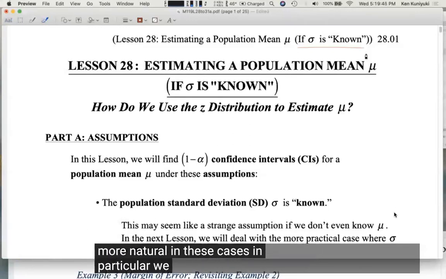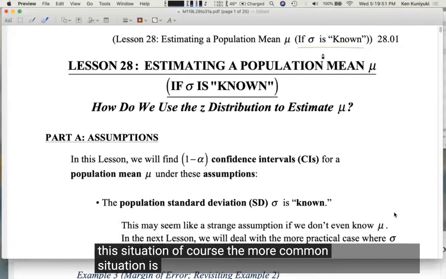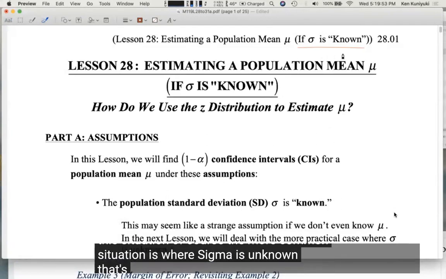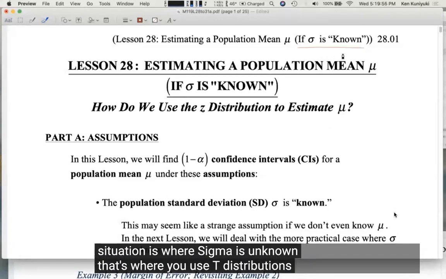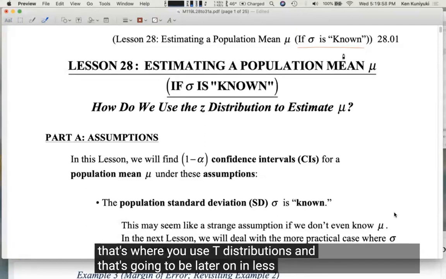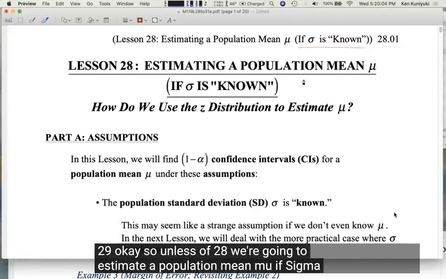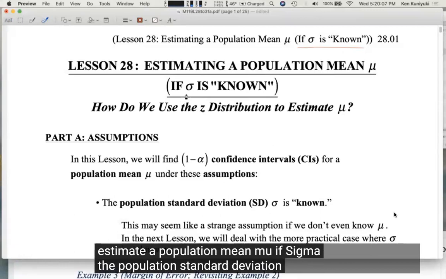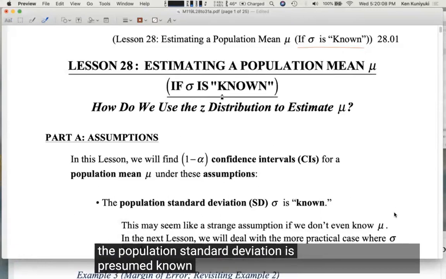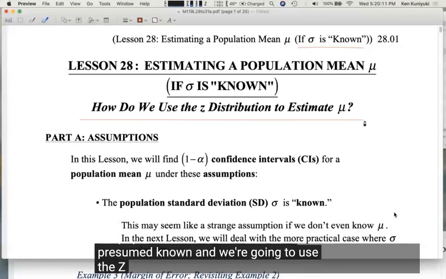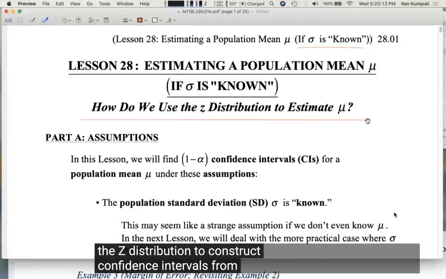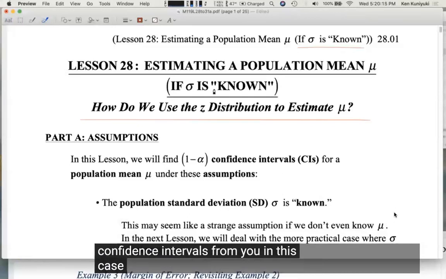In particular, we can use a z distribution to construct confidence intervals in this situation. Of course, the more common situation is where sigma is unknown. That's where you use t distributions, and that's going to be later on in lesson 29. Okay, so in lesson 28, we're going to estimate a population mean mu if sigma, the population standard deviation, is presumed known. And we're going to use the z distribution to construct confidence intervals for mu in this case.